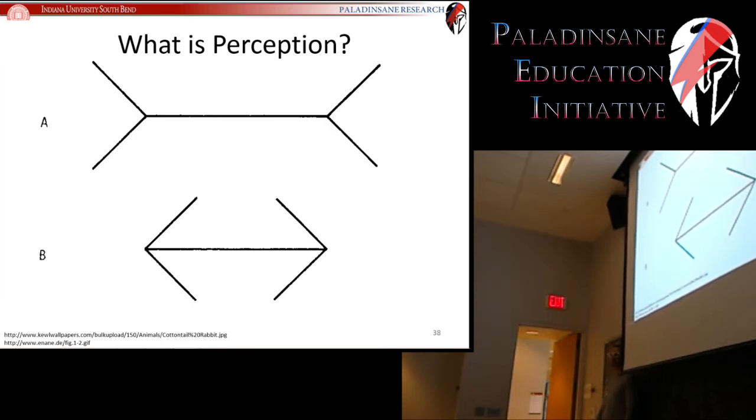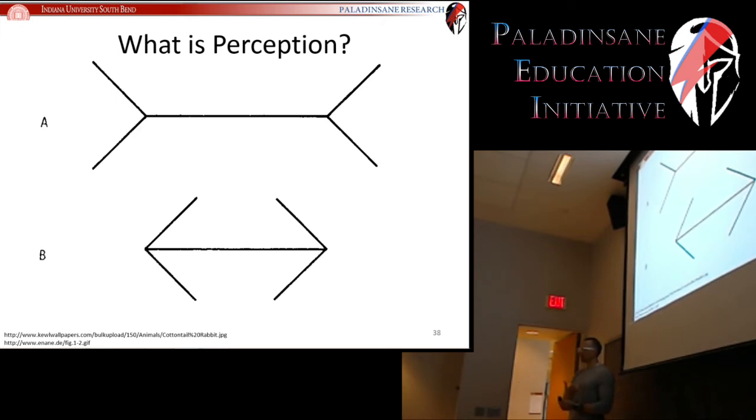How many people perceive that as being the same? Okay, so if you perceived it as B longer than A, or if you perceived it as being the same, you should book an appointment with your eye doctor, because nobody sees this in any way except A being longer than B. So this example here is to prove the point that perception is not the external reality.